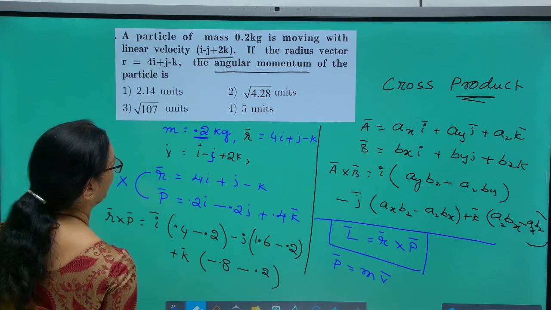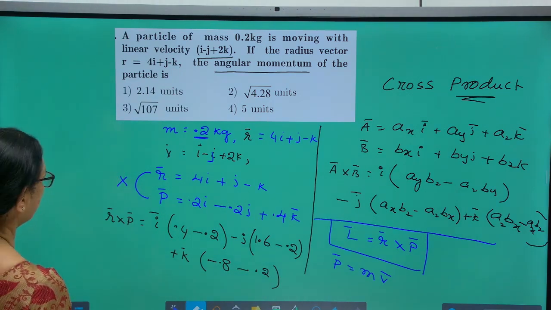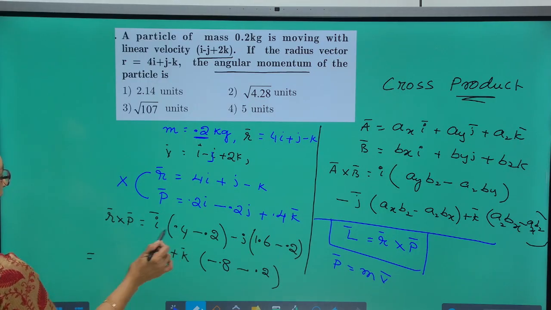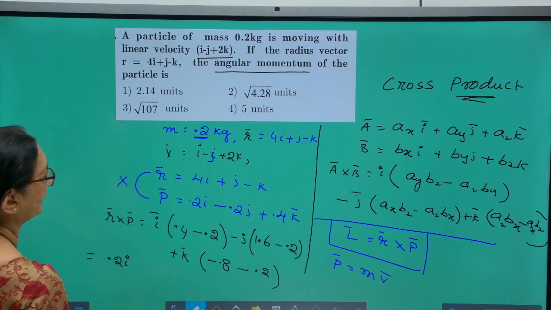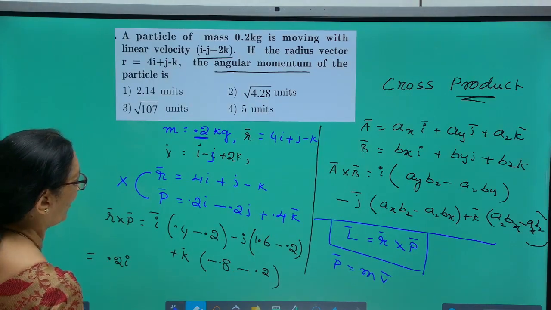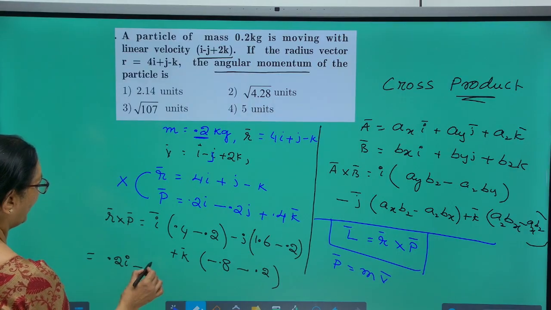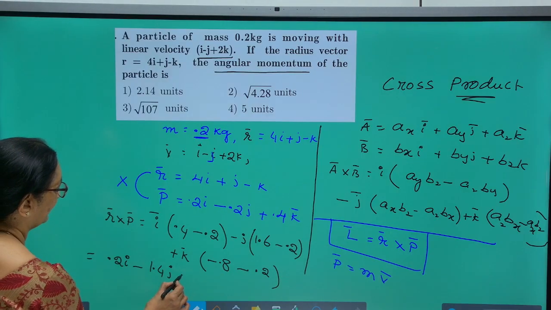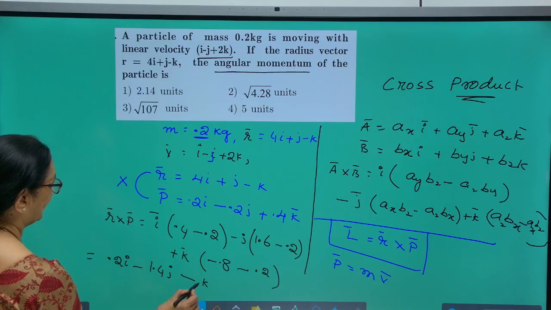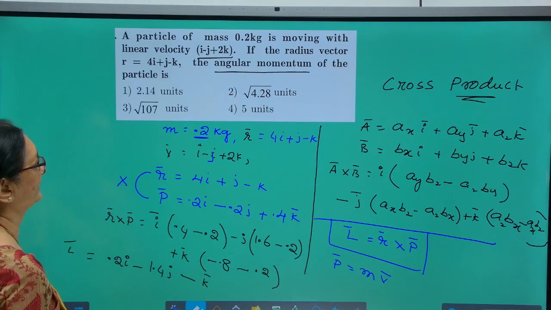So, this is 0.2 I bar, 1.4 J bar, and minus K bar. This is the vector form.